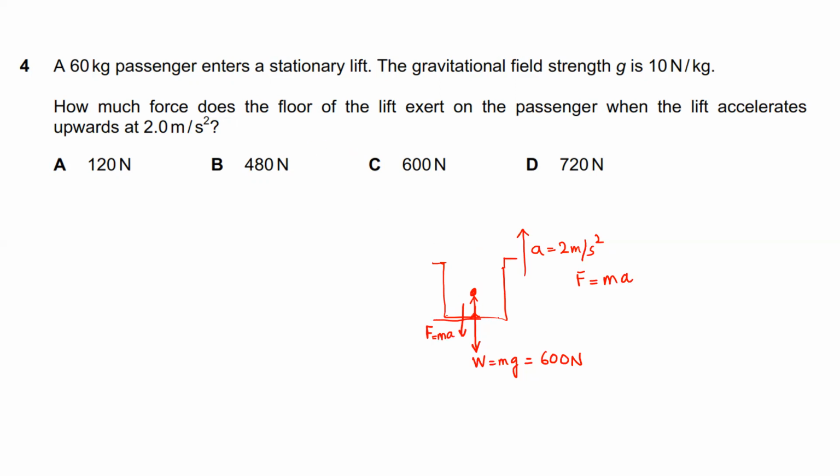This is the floor. Force will be equal to mass into acceleration. Mass is 60, acceleration is 2. So it comes out to be 120 newtons. So overall force exerted by the person on the floor will be 600 plus 120. This becomes equal to 720 newtons. So answer D will be the best choice we have.